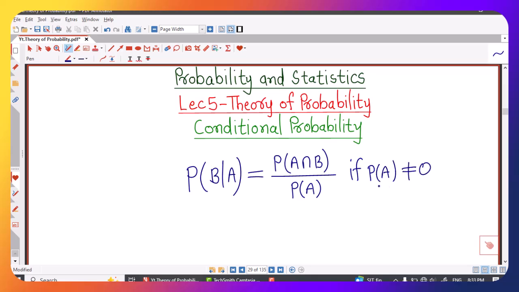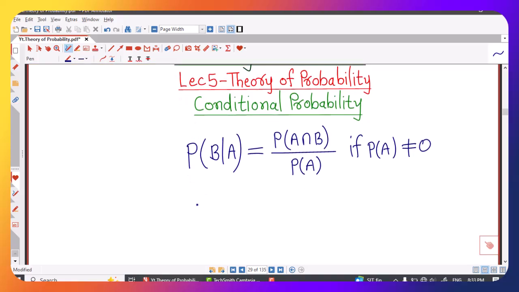That is, event A has occurred first and event B depends on event A, therefore probability of B given A is the conditional probability.